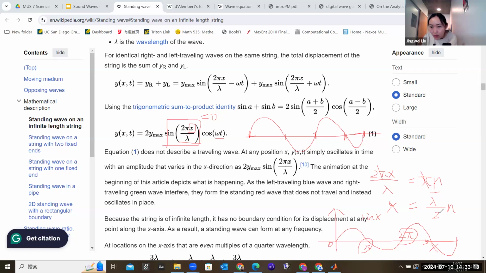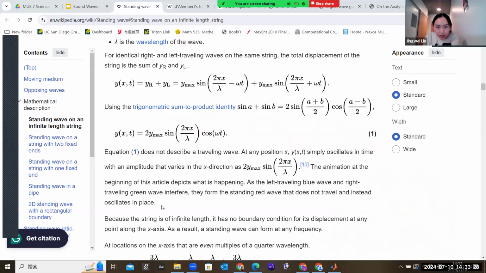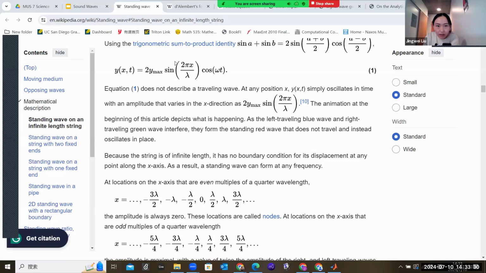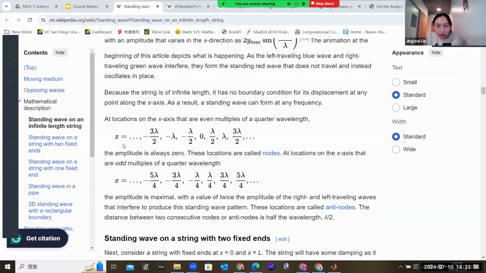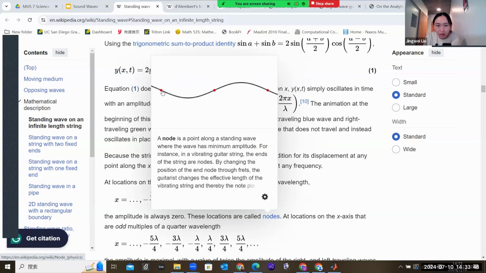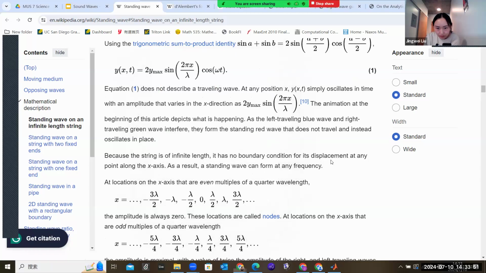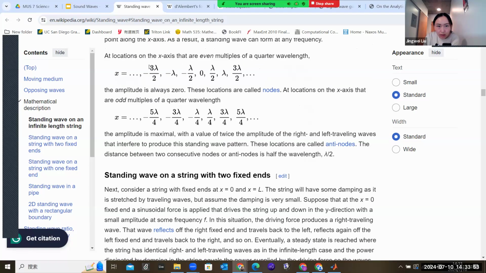Lambda is the wavelength. 1/2 of lambda, or lambda when n equals 2, when n equals 3 it is 1.5 lambda, 2 lambda, etc. So this corresponds to the formula here. When we take this term to be pi n, we can compute x. When x takes these values, they are the nodes, the fixed nodes in a standing wave. So these are the numbers we compute.